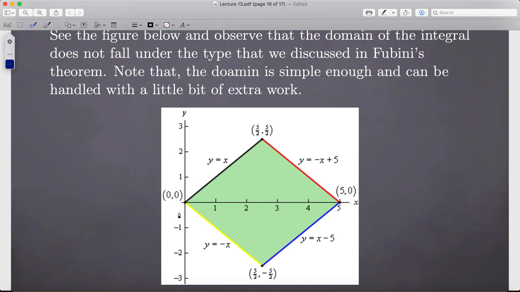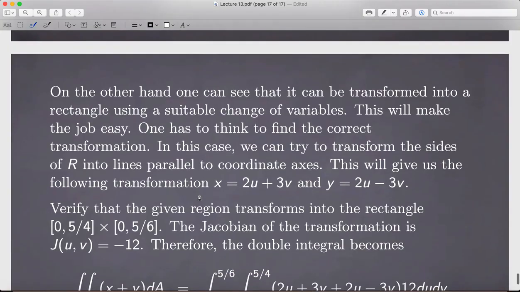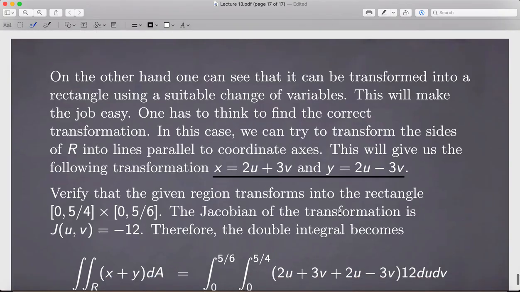That's it. Sometimes a little bit of guesswork, and sometimes a little bit of work on paper, you have to do. So in this case, you consider this transformation, and you have to come up with this. I am not going to give a general method for doing it, because a line is given. All I want to do is take it to the coordinate axis, so you should be able to do it.